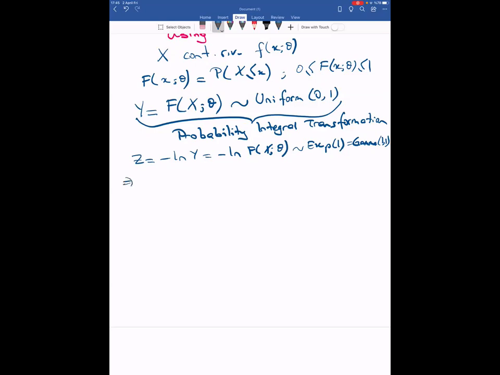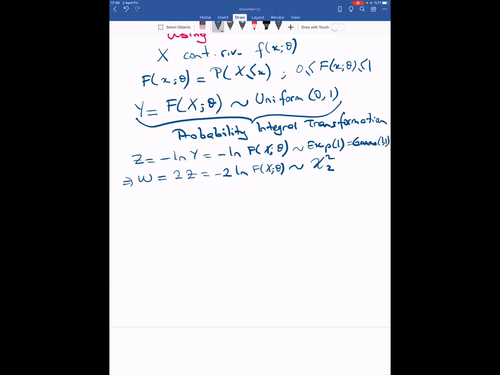Then when we consider another transformation, W, let's say it is 2 times Z, which is minus 2 times ln F of x, theta, then this will be gamma 1, 2, which is chi-square with 2 degrees of freedom. So now we have a function of a random variable and a parameter whose distribution is free from theta, and we can easily use this distribution to get table values.